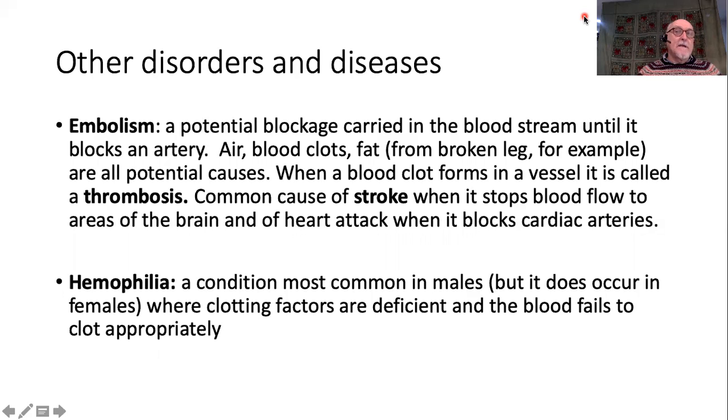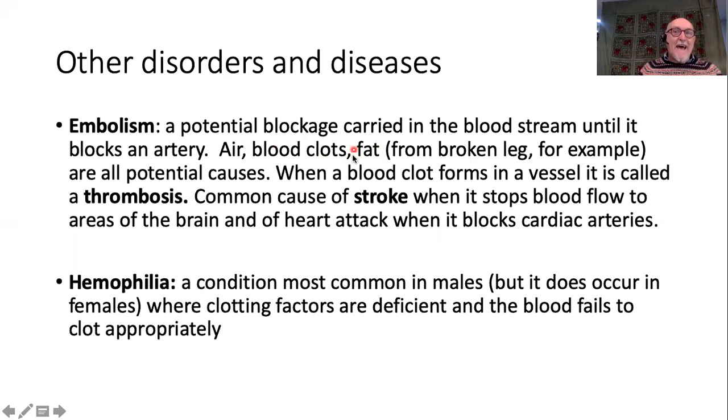Most commonly, an embolism is a clot, in which case it's referred to as a thrombosis. But you can also have situations where, for example, you have an air embolism. Air embolisms periodically arise in vessels in the lung, for example. But blood clots are by far the commonest.